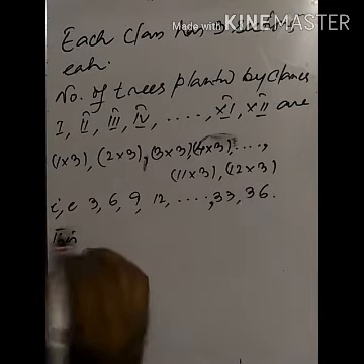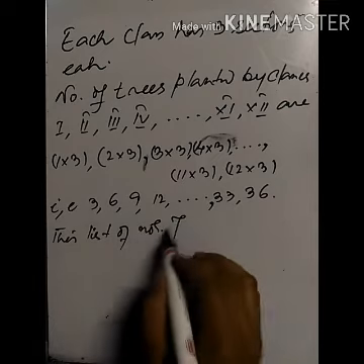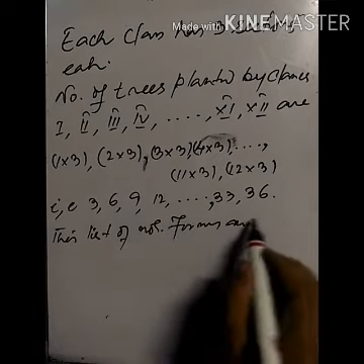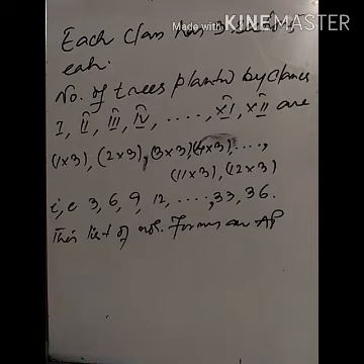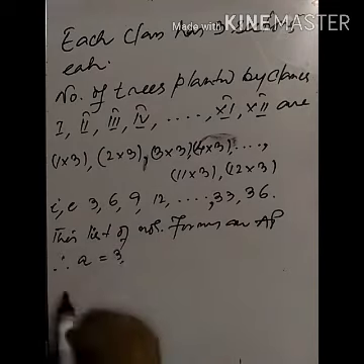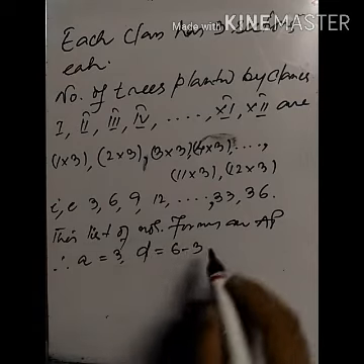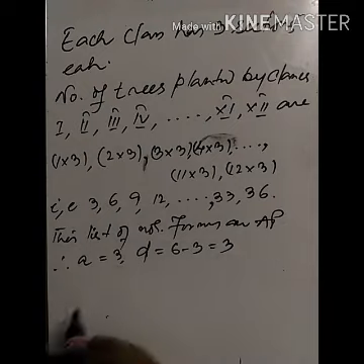So this list of numbers forms an AP. Therefore the first term is 3. Common difference is 6 minus 3, which is 3. And let us find the number of terms.